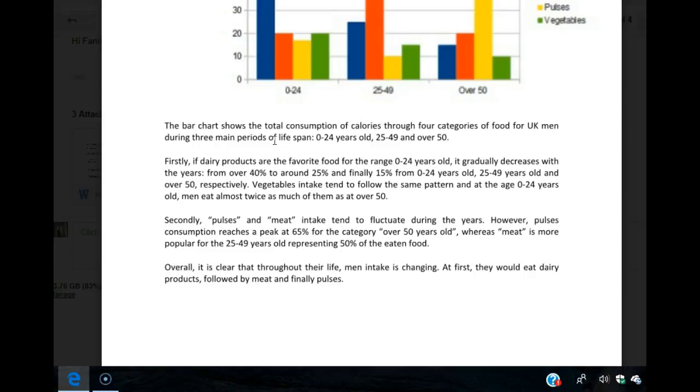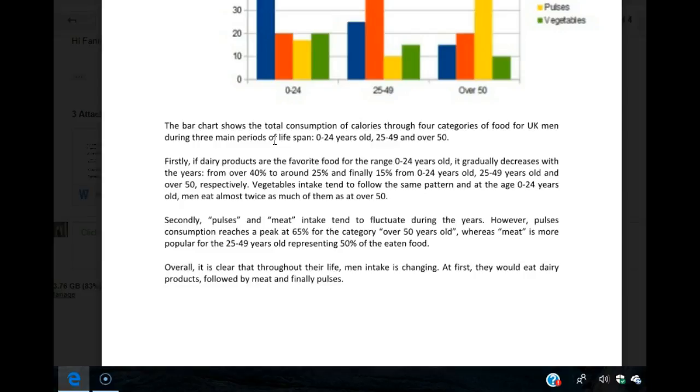All right, and like I said, the reason why I mention that is because it changes the vocabulary you're going to use. All right, so let's look at it again, starting with this paragraph. Firstly, dairy products are the favorite food for the 0 to 24-year-old group, but this is considerably less for the other age groups.